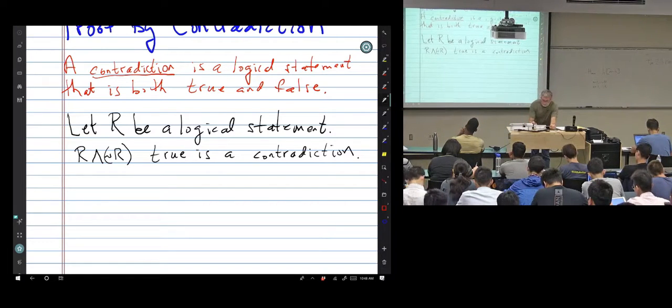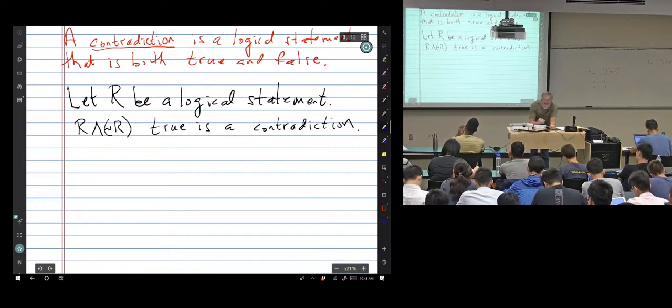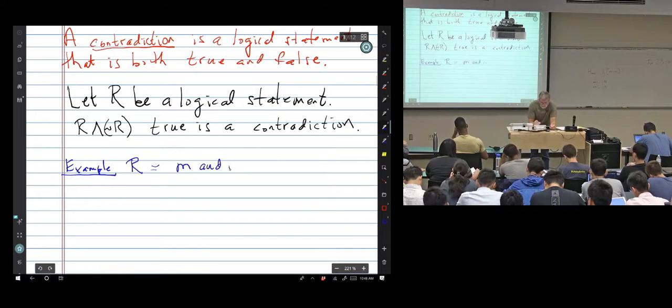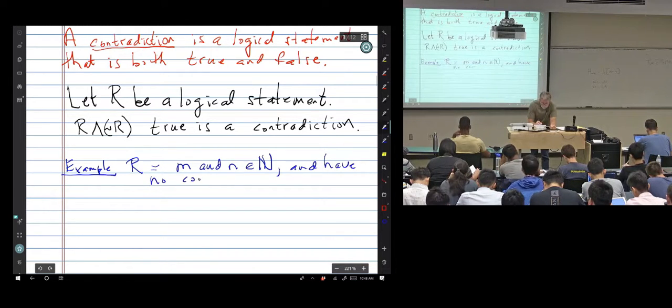So, here's an example. R: M and N are natural numbers and have no common factors, okay?